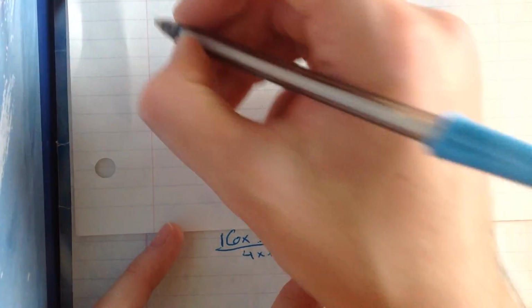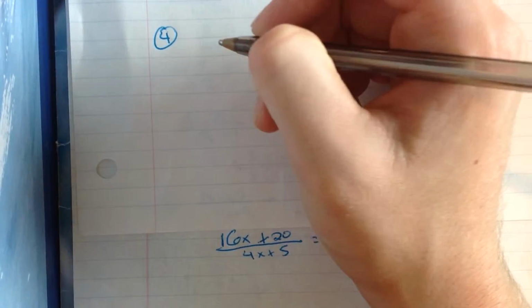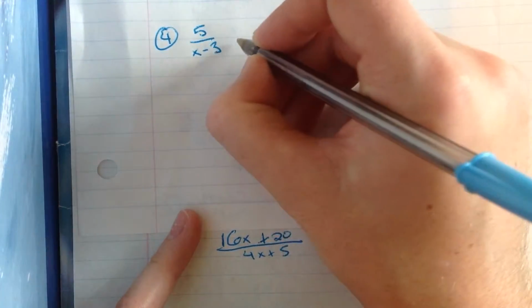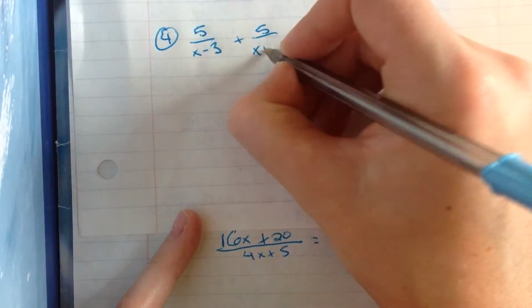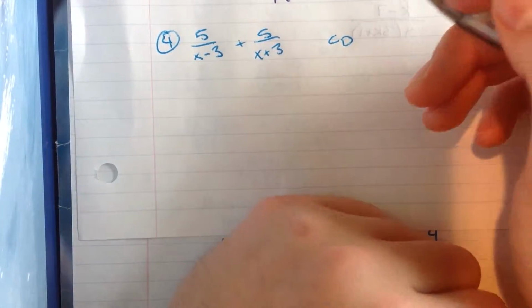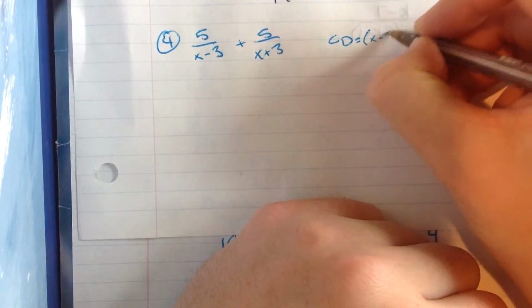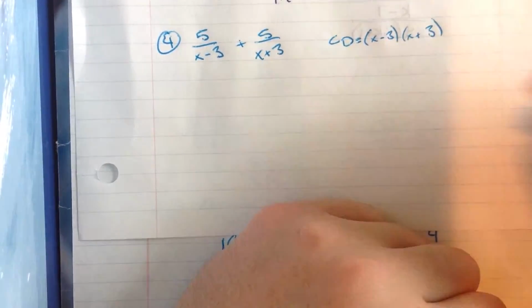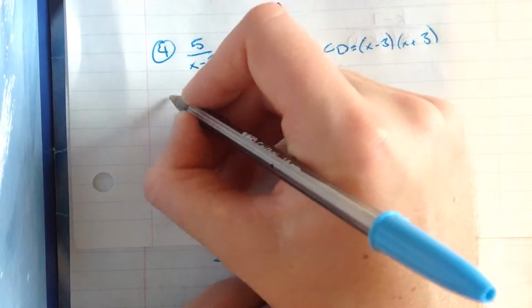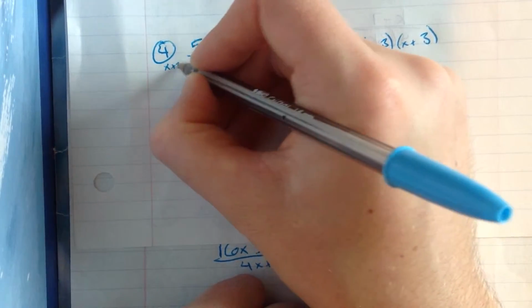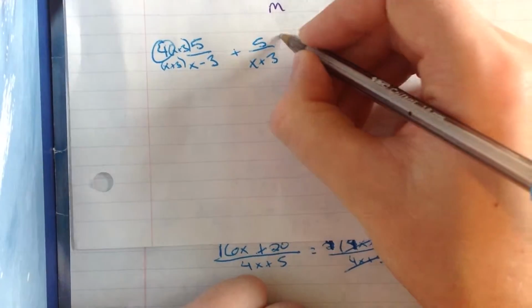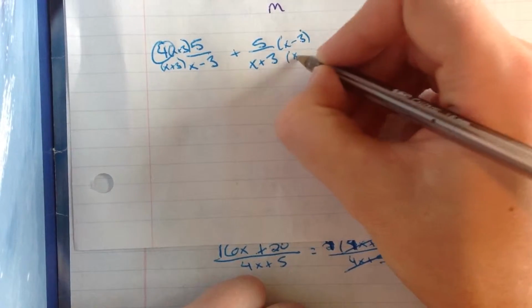Say for example we were given 5 over x minus 3 plus 5 over x plus 3. Common denominator would be x minus 3, x plus 3. So we'll multiply this one by x plus 3 to top and bottom, and multiply this one by x minus 3 to top and bottom.